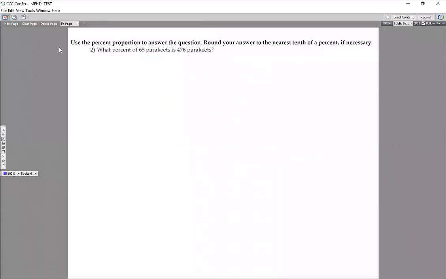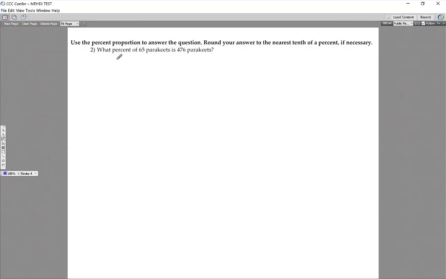All right, next we are told to use the percent proportion to answer the question. Round your answer to the nearest tenth of a percent if necessary. Number 2, so what percent of 65 parakeets is 476 parakeets? Okay, so for this problem, we are going to set up a ratio.